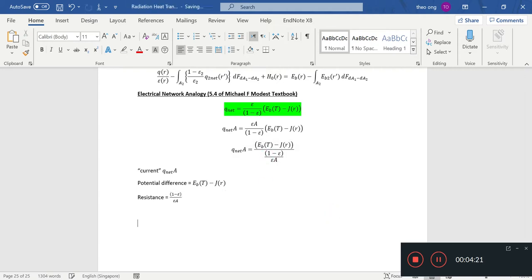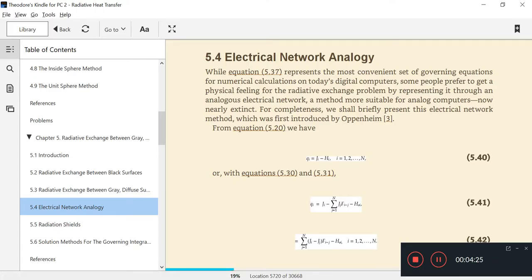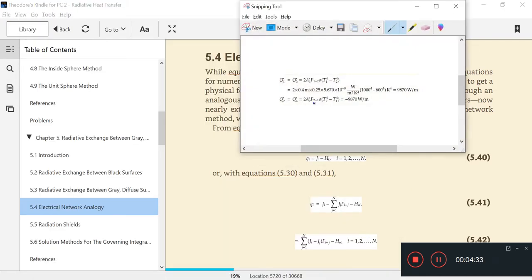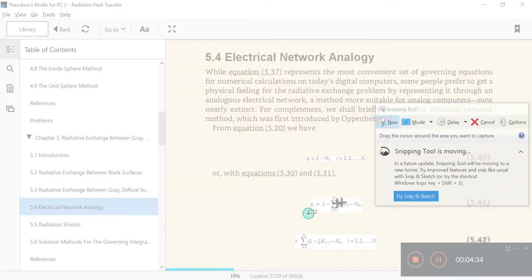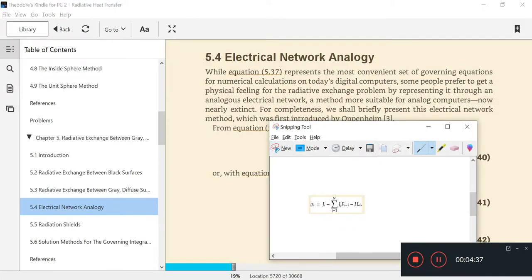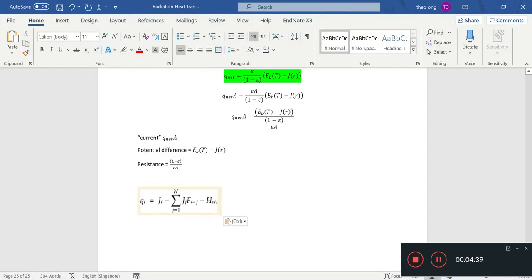So this is where our electrical network analogy comes about. Let's take a look at what 5.4 has to say. Let's take a look at 5.41 first. This is the generic equation first. Let's explain what it means.